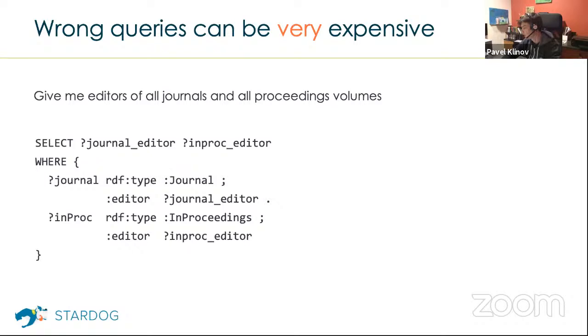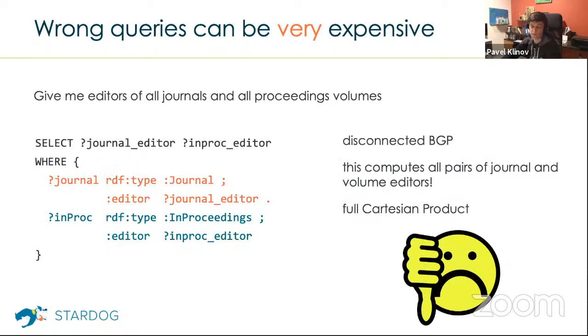So if you have 1,000 volume editors and 1,000 journal editors, you're going to get a million results, a million combinations. So it's going to blow up combinatorially. And that will not be fast, no matter how you execute it, just because the query returns so many results.